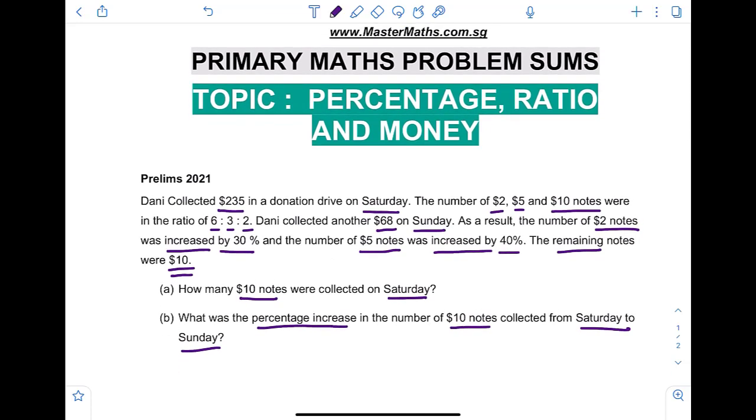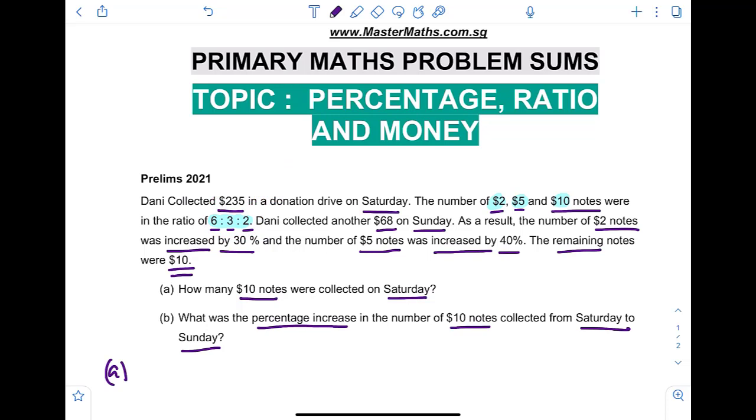Now, to do this question, for part A at least, we need to take note of the ratio given to us for $2, $5 and $10 notes. With this ratio and the total amount collected, we can use the grouping technique.